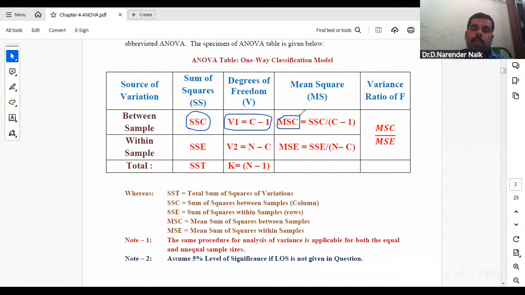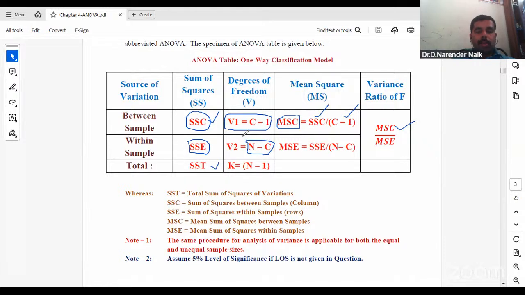MSC is equal to SSC, which we already got, divided by C minus 1. Then you will get the MSC value. Then within samples, that is SSE. V2 is equal to N minus C. MSE is equal to SSE divided by N minus C. Then SST, with N minus 1.